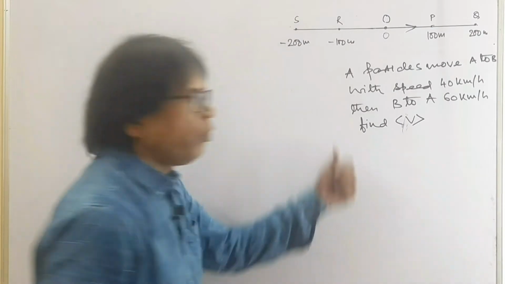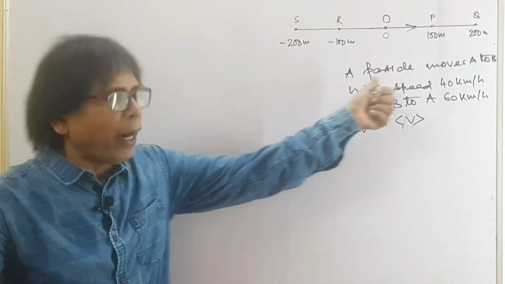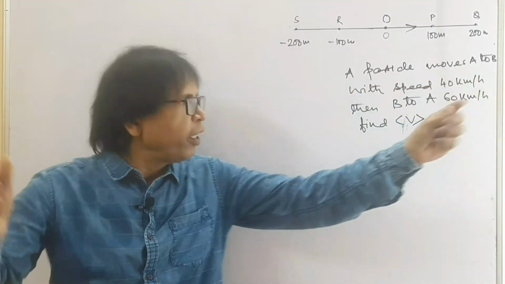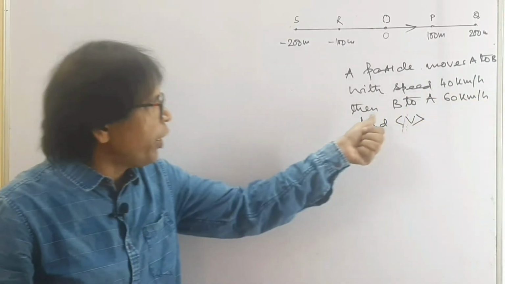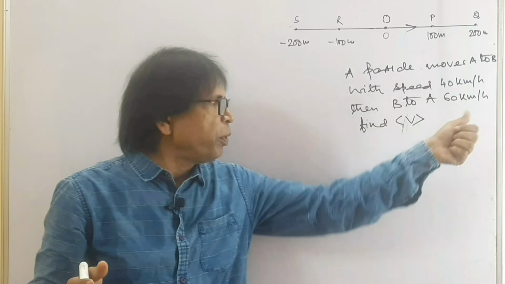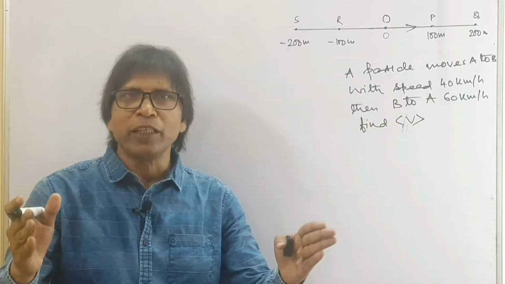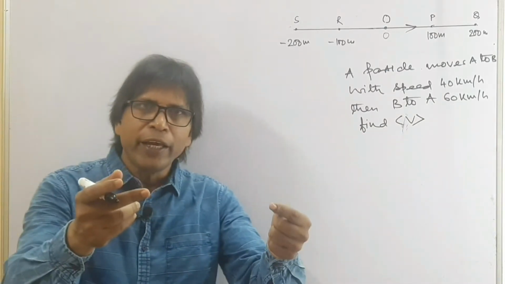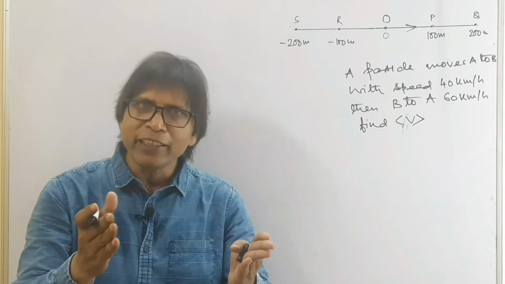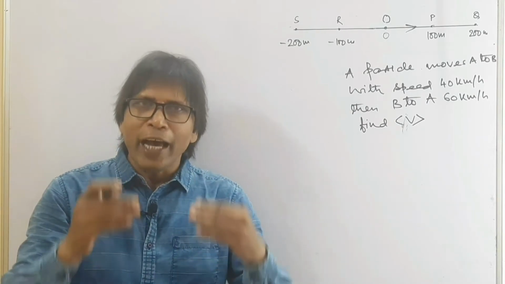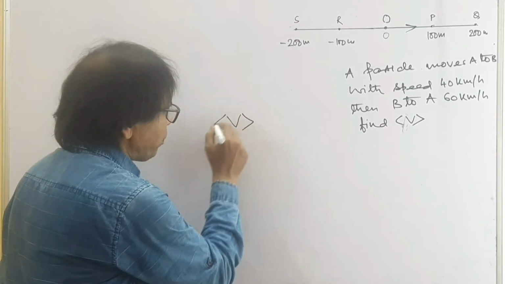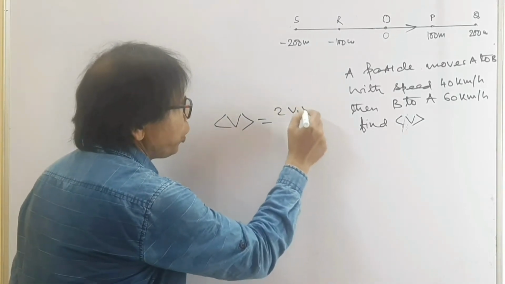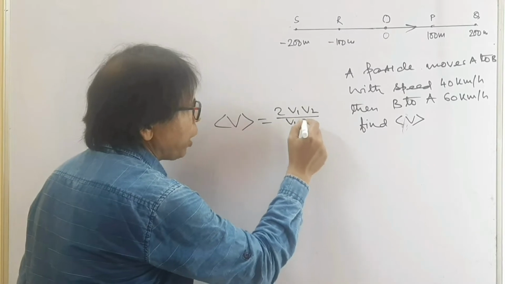Now a numerical. A particle moves from A to B with speed 40 km per hour and from B to A with 60 km per hour. Find the average speed. A to B and B to A are the same distance, so we apply the average speed formula for same distance: 2 v1 v2 divided by v1 plus v2.